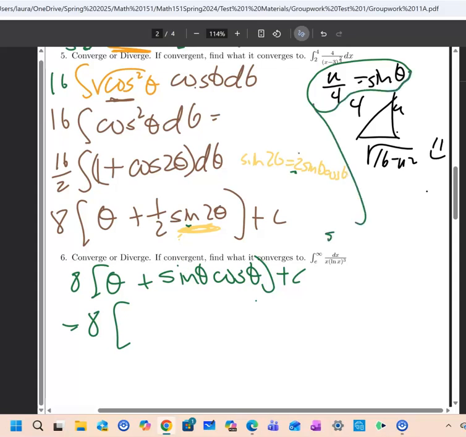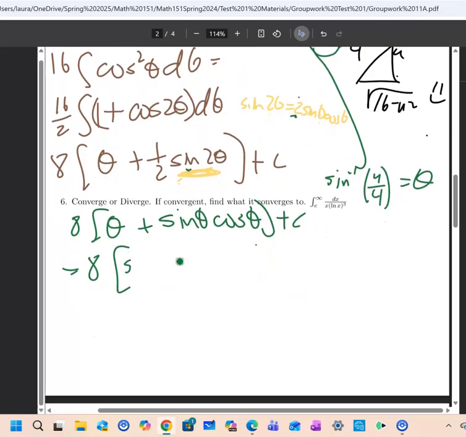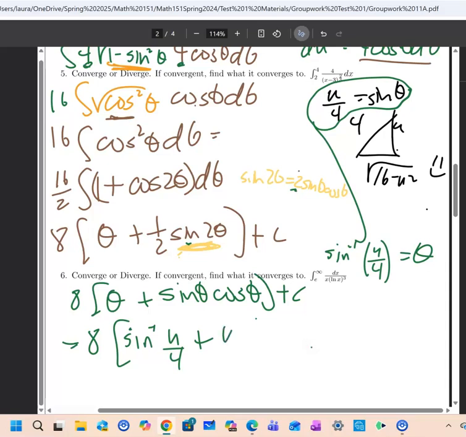If I take inverse sine of both sides, that gives me theta. So inverse sine of u over 4. And then sine of theta is u over 4. Cosine of theta is the square root of 16 minus u squared over 4, plus a c.